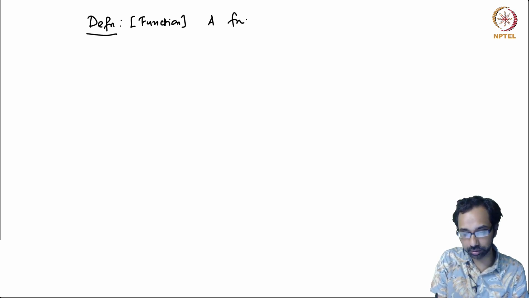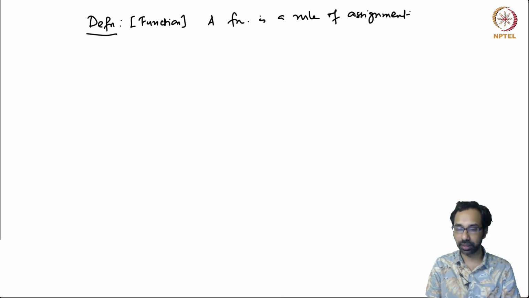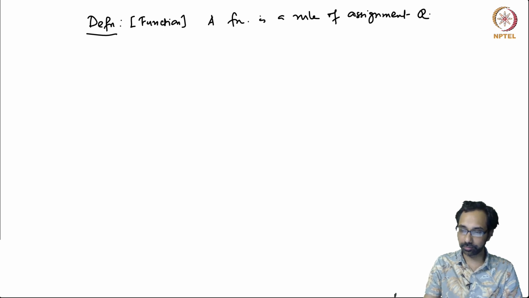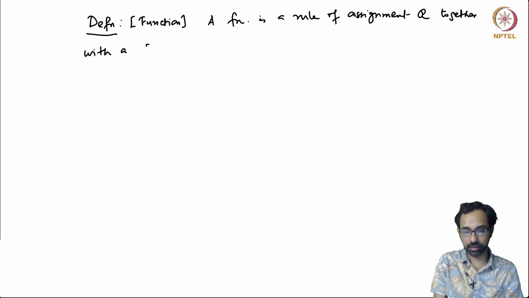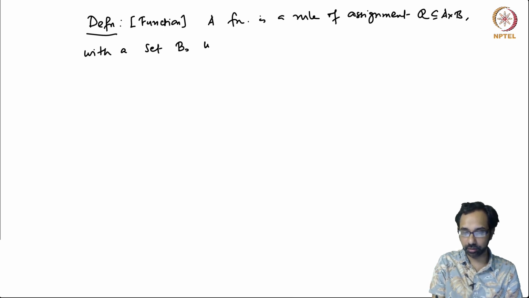So a function is a rule of assignment, so it can be viewed as a subset R of the Cartesian product A cross B, together with a set B naught which contains the image or the range.